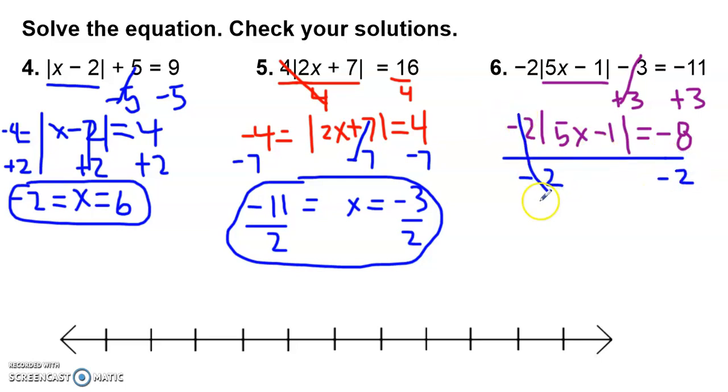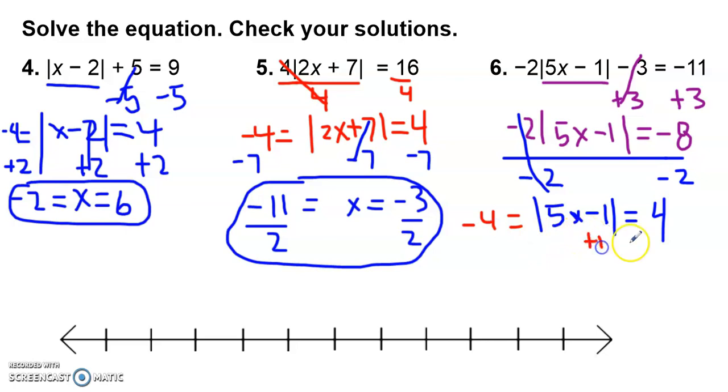That cancels. So we have 5x minus 1 in the absolute value. And negative 8 divided by negative 2 is going to give us positive 4. So now we can go ahead and put our negative 4 on the other side.